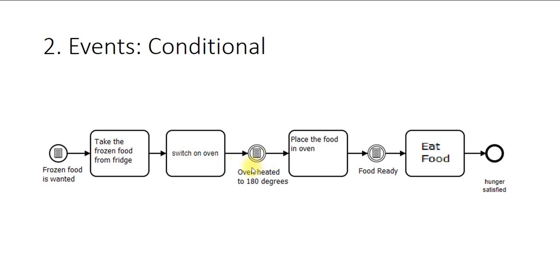Once the oven gets heated, we place the food in the oven. Then there is one more conditional event, whether the food is ready, when it is actually cooked. When that condition is satisfied, we go to the next task, eat food, and then our hunger is satisfied. So this is an example of a conditional event.